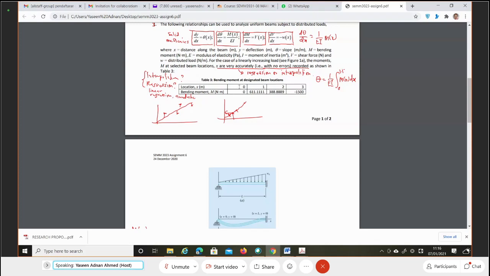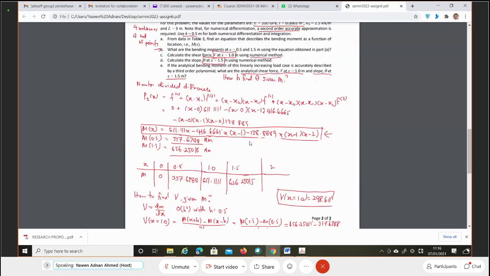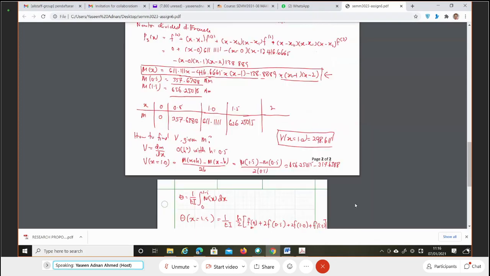So this minus this divided by 2. I'm just calculating. Anyway, there is the indication like this, so you just do the central difference method.